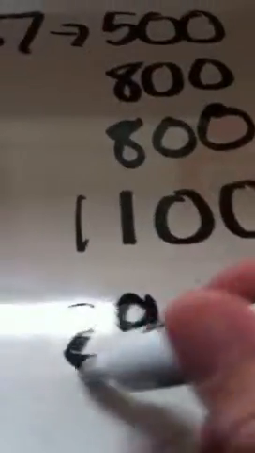I round first. So I'm going to take 487 and make it 500. I'm going to take 798 and make it 800. I'm going to take 810 and make that 800. I'm going to take 1,135 and make that 1,100. And then I'm going to take 2,872 and I'm going to make that 2,900.